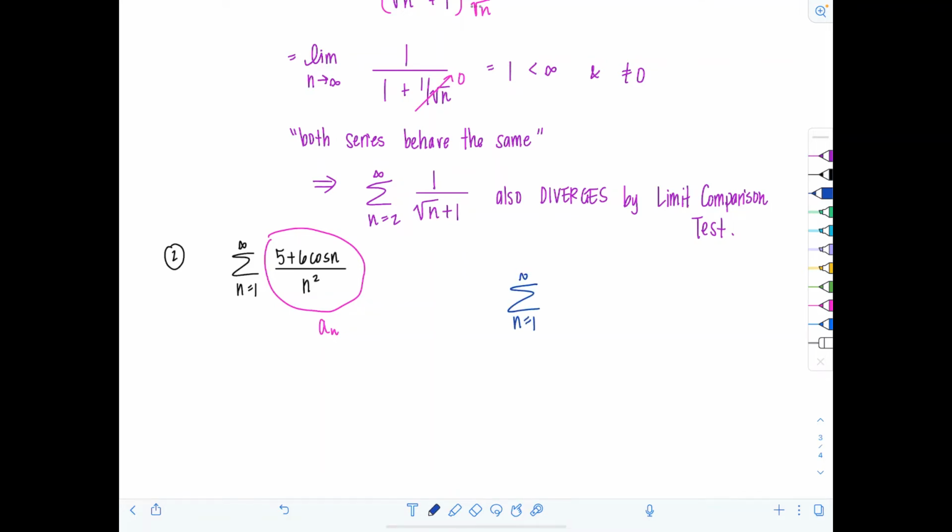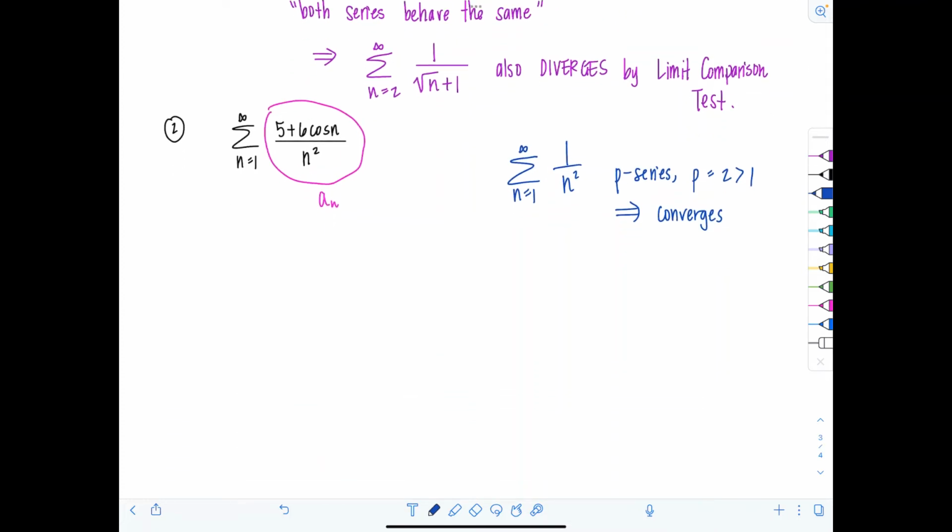The sum from n equals 1 to infinity of 1 over n squared. That's a p series. p equals 2, which is greater than 1. So I know this series converges. Okay, if I'm going to use direct comparison, I need to show that a_n is less than or equal to b_n, where b_n are the terms of some convergent series.